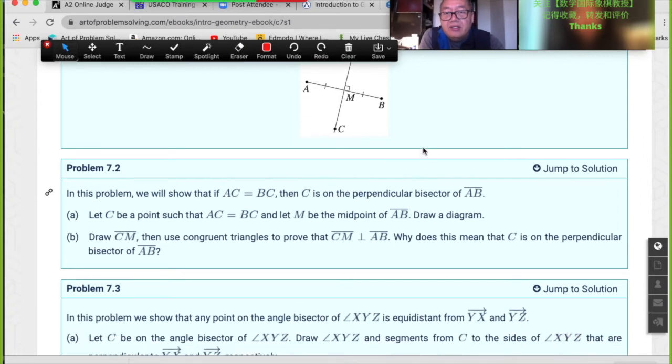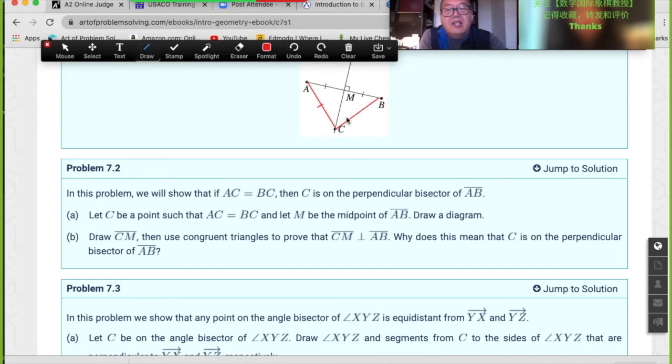Let C be the point such that AC equals BC, and let M be the midpoint of AB. Then draw a diagram. So you connect these points.